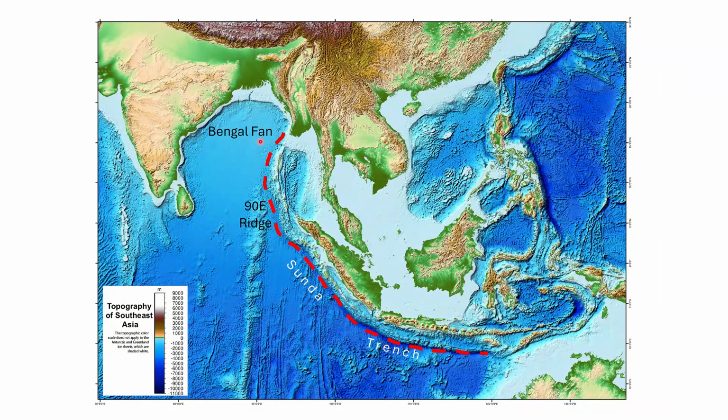The 90 East Ridge serves to bisect the Indian Plate into the western side and the eastern side, sediment coming down into the Bengal Fan and into the Sunda area is mostly what we're going to be talking about today. We'll talk about the area offshore Java and Sumatra, the Andaman Sea, Andaman Islands.